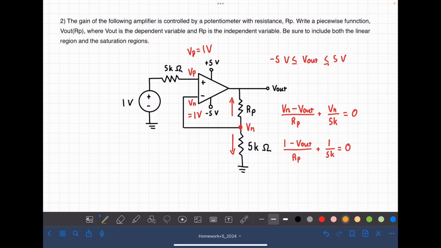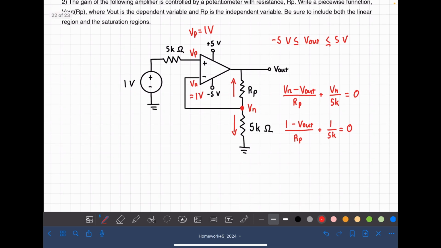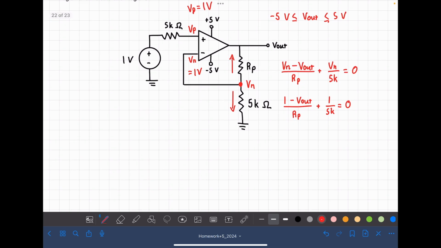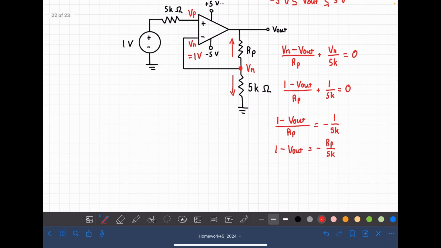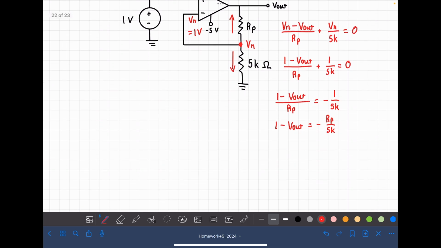So now we just play the simplification game. So we want V out on the left side, Rp on the right side. So let's go ahead and get that fraction on the right side. That'd be negative. And then we can multiply by Rp. Then we can get rid of the 1.